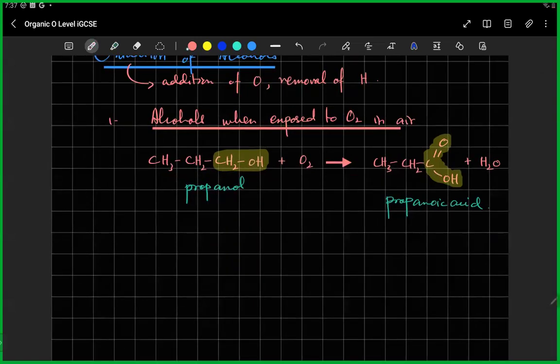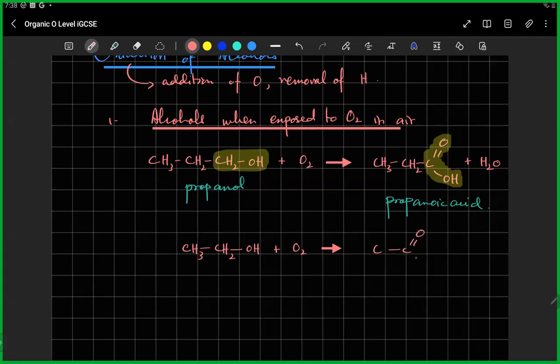So if I have ethanol, how many carbons will ethanol have? That's going to be 2. It's going to be OH. With this one there's going to be 3 H's. This one would have 2 H's. So that's ethanol. If I oxidize it in air, it will turn into ethanoic acid.